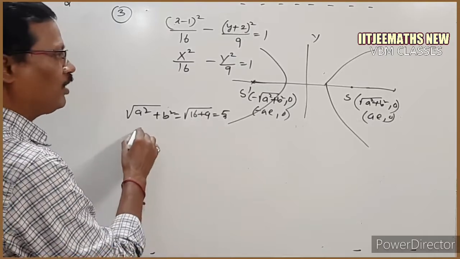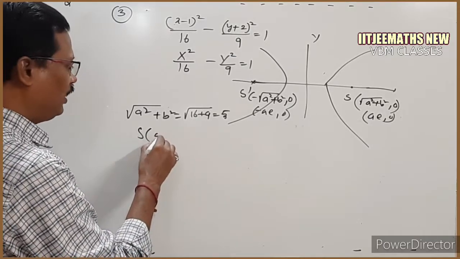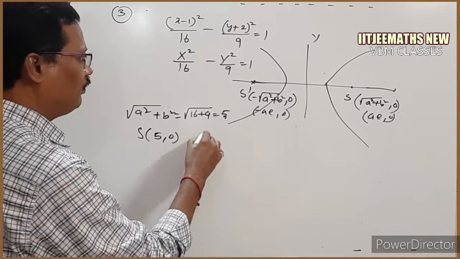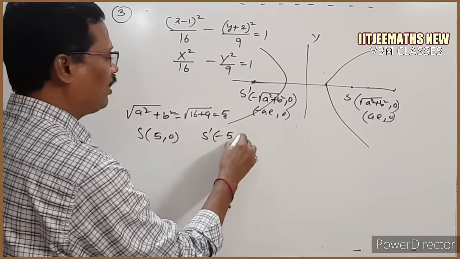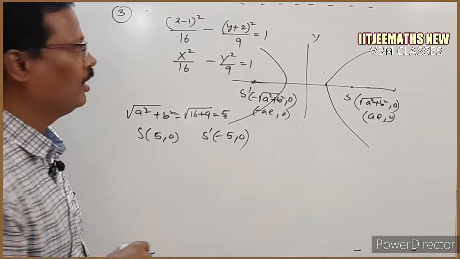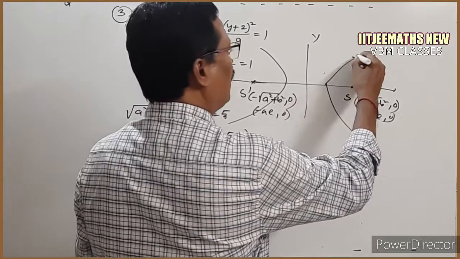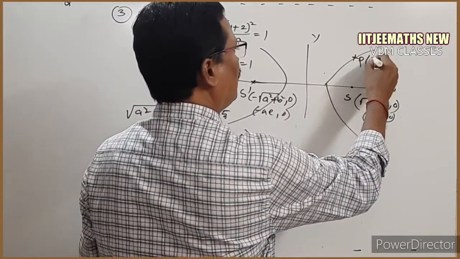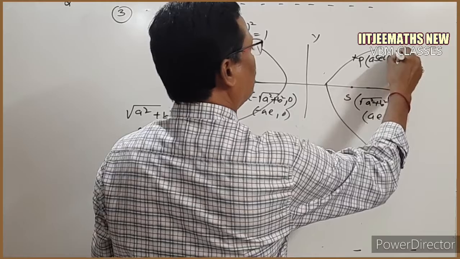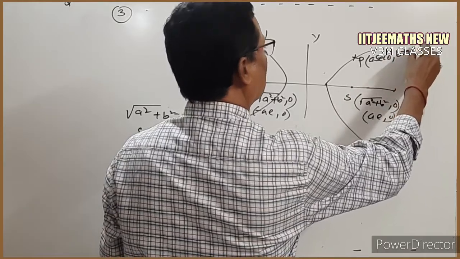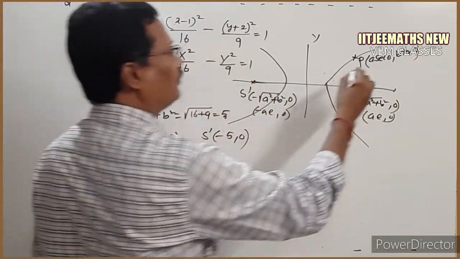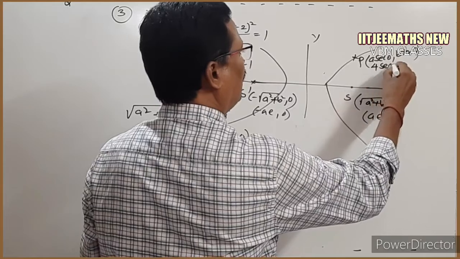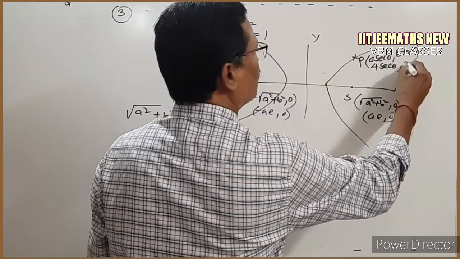Therefore, the focus S is (5, 0) and the other focus S dash is (minus 5, 0). And any point on the hyperbola P is (a sec theta, b tan theta). What is a? a is 4, so 4 sec theta, comma, what is b? 3 tan theta.